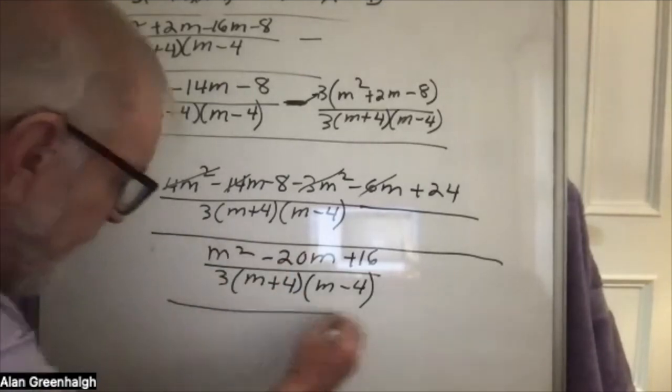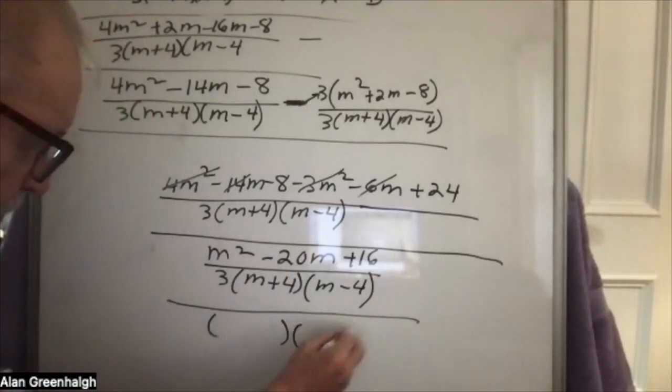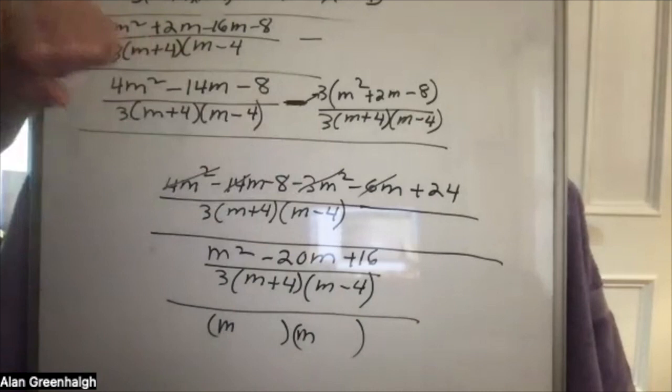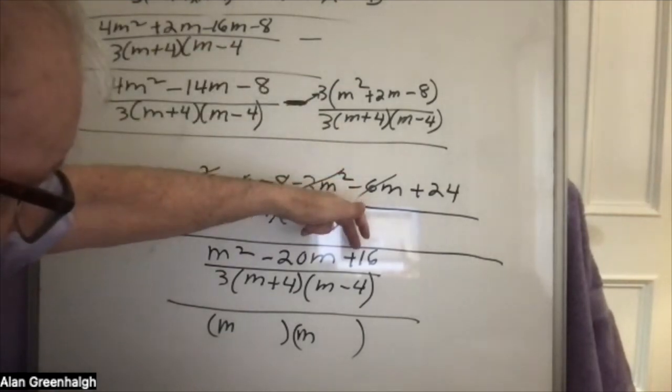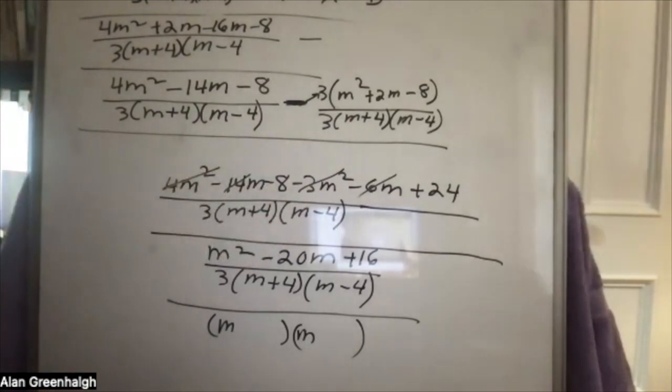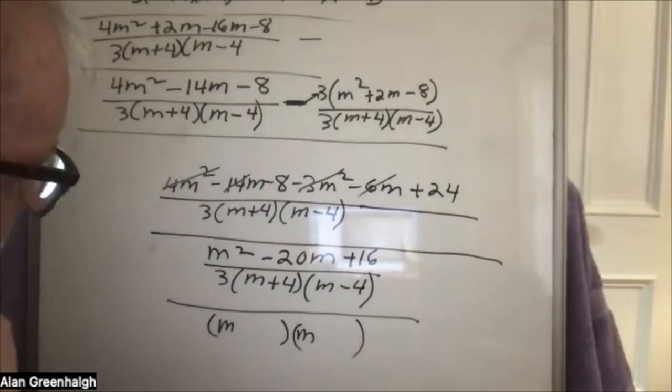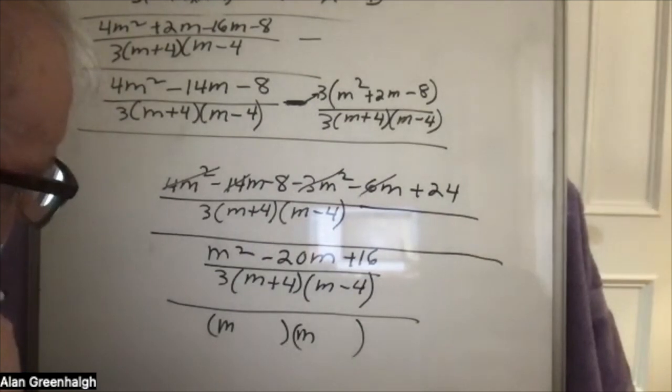Can the numerator be factored? It can be, because I just factored it in my mind. The factors, oh, now I lost it. The factors of 16 that will give us 20, really? Maybe it doesn't. Who knows? 8 and 2, no. 16 and 1, no. 4 and 4.